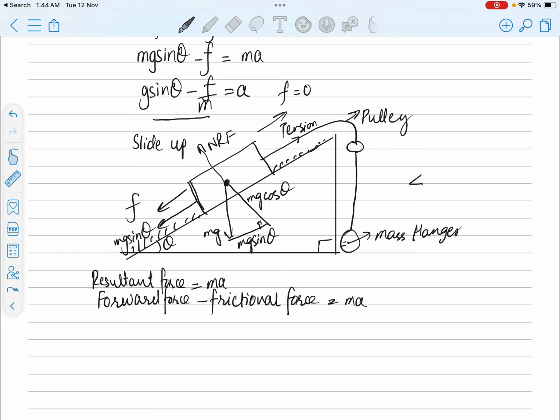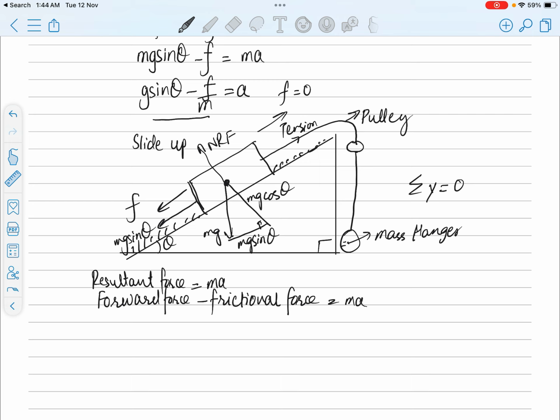The sum of forces in the y direction is 0, meaning the normal reaction force and mg cos theta are equal. We will also see two scenarios where friction, mg sine theta and tension sum to 0, but also when they don't.